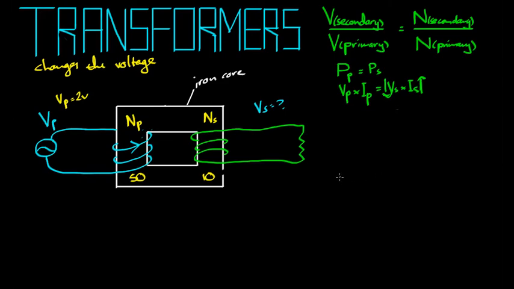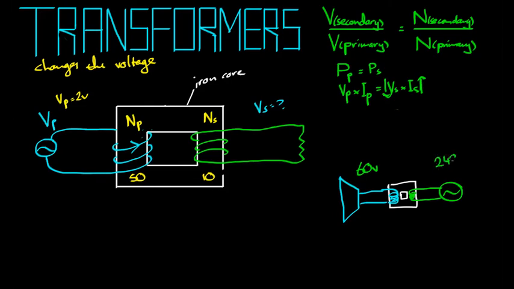So say we've got a speaker, and the speaker has got a transformer connected to it. So that would be the secondary coil, and this would be the primary coil here, because this is the power supply. And the speaker runs on 60 volts, and the power supply is 240 volts. Talking, of course, in VRMS here. So this is technically the primary VRMS.